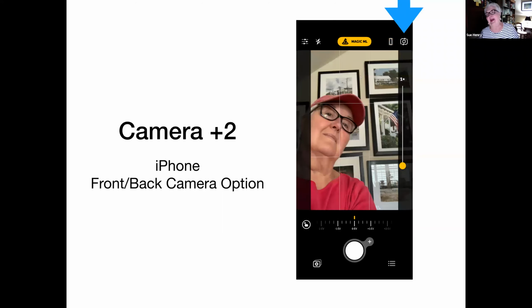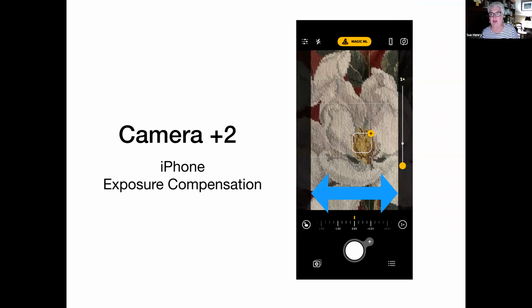And the front back camera option is pretty standard on most all apps or on our phone, so that's not a big deal or anything particularly new. At the bottom of the app is one of my favorite features, and this is the exposure compensation dial. You simply slide your finger to the right or to the left to choose your exposure compensation. It's a wonderful feature.